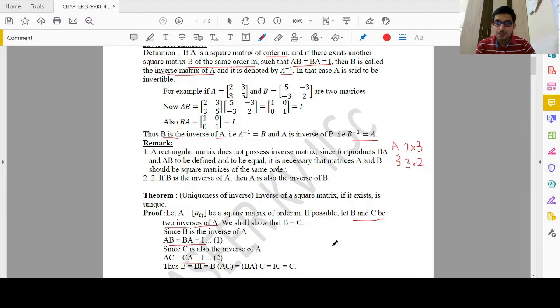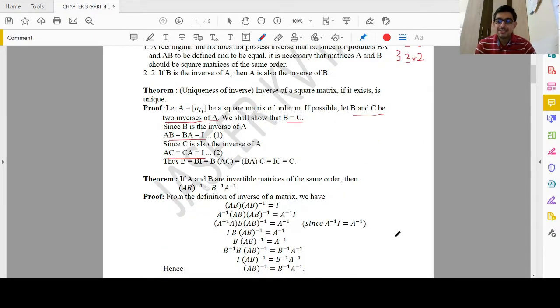No square matrix, if it possesses an inverse, will have more than one inverse. The inverse will be unique.